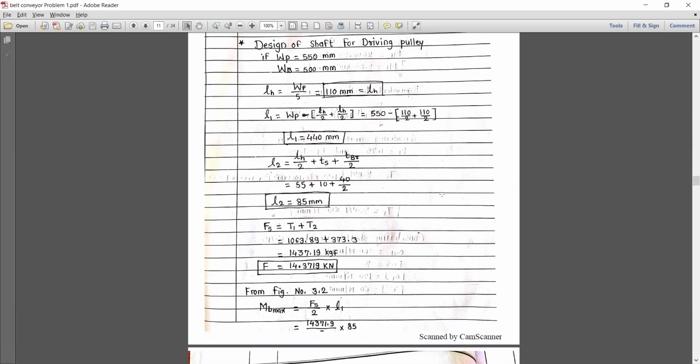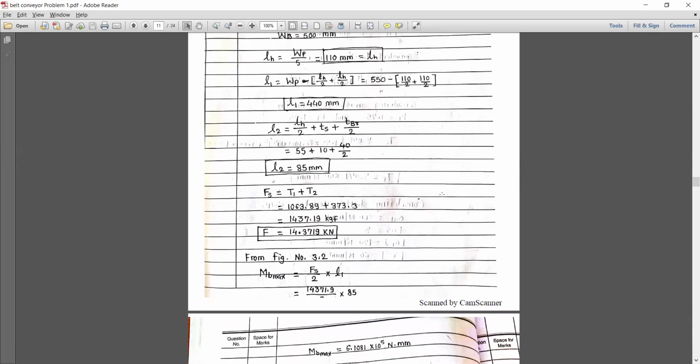So LH is equal to 110 mm. L1 is equal to (WP minus LH) divided by 2 plus LH divided by 2, that is nothing but 440 mm. L2 is equal to LH by 2 plus TS plus T bearing by 2. So L2 is equal to 85 mm.